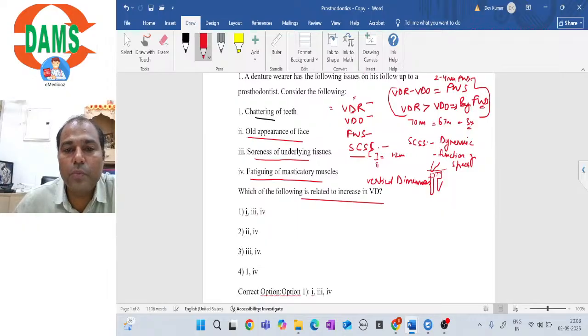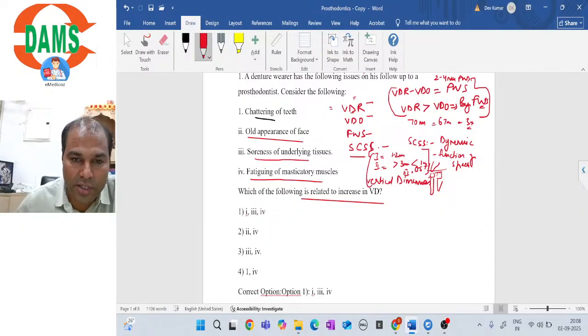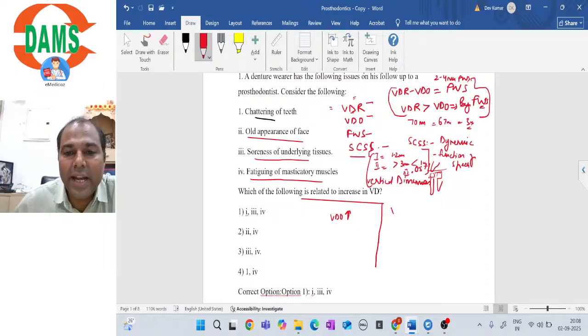In class 2 it is more than 3 mm, and in class 3 it is 0.5 to 1 mm, that is less than 1 mm. So freeway space is less in case of class 3. Okay, now let us come to the question. If our VDO is increased, what will be the effects, and if our VDO is decreased, what will be the effect?